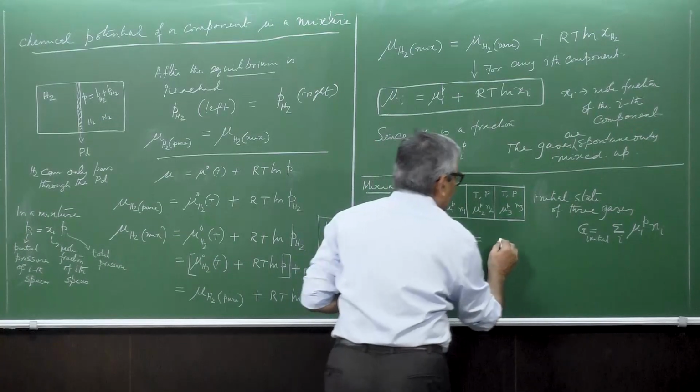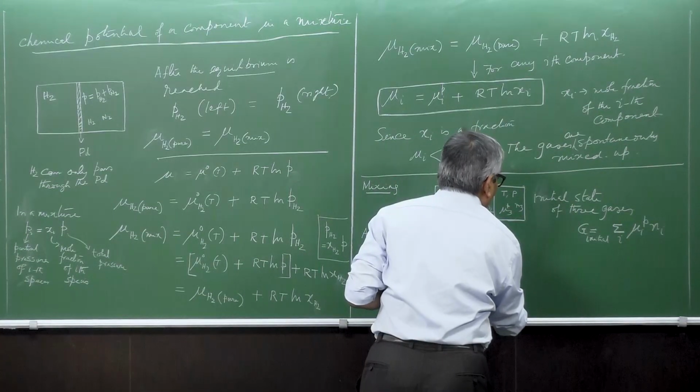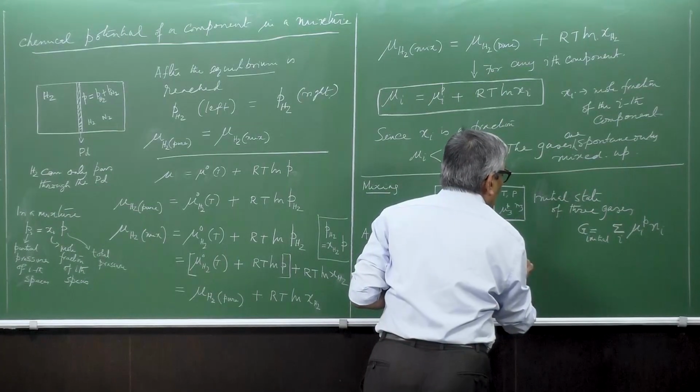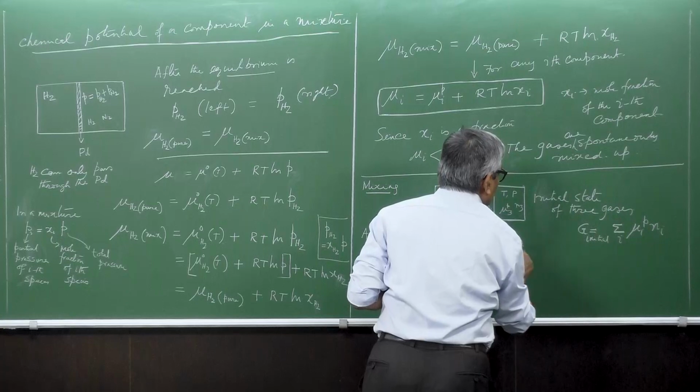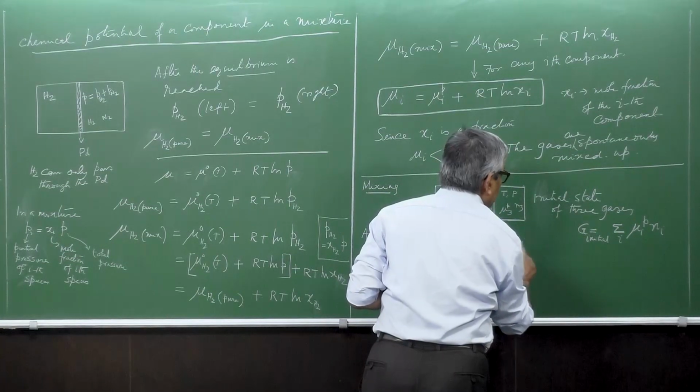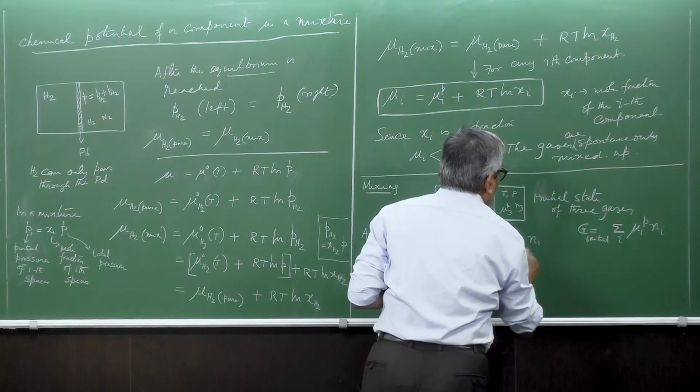It has a similar structure. That is mu I, not P, it is for the pure substance; it is the chemical potential of the ith component in a mixture times Ni.